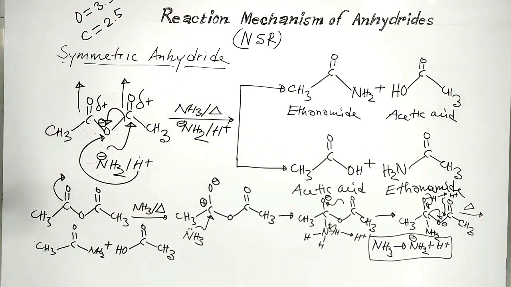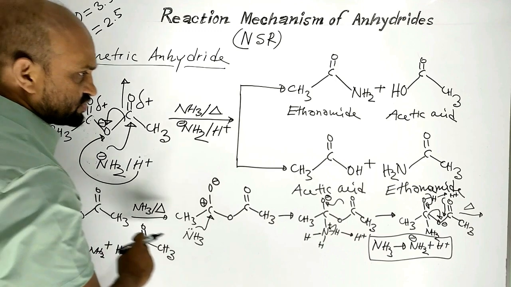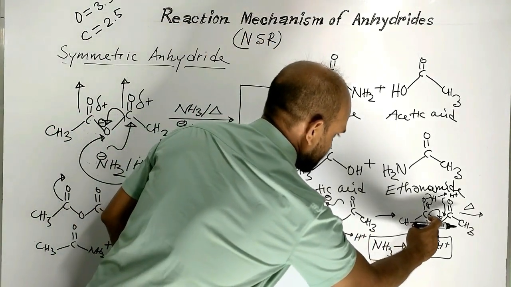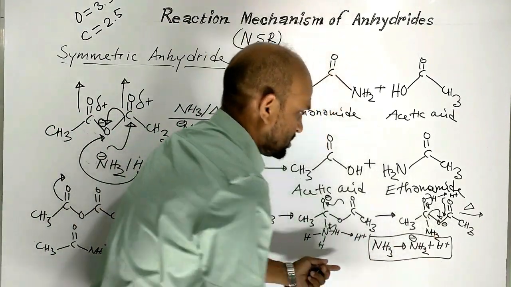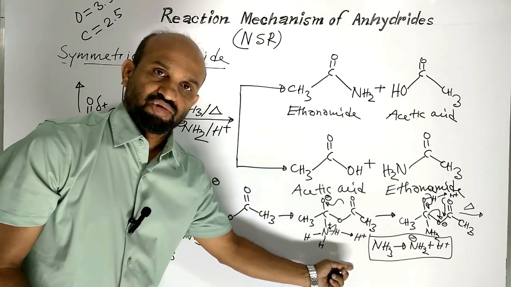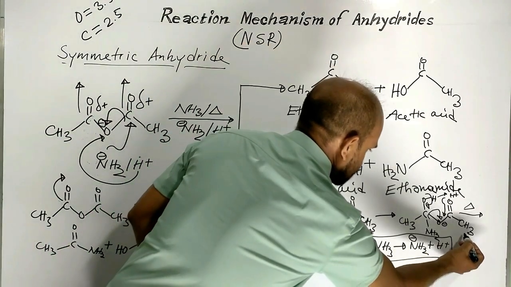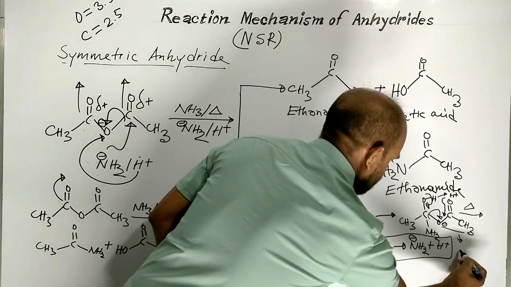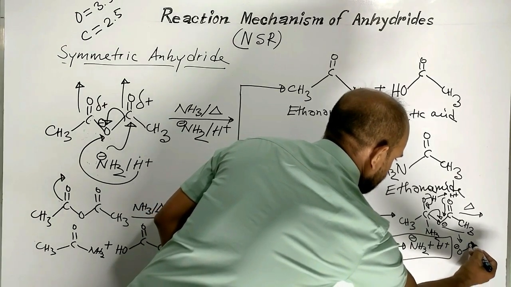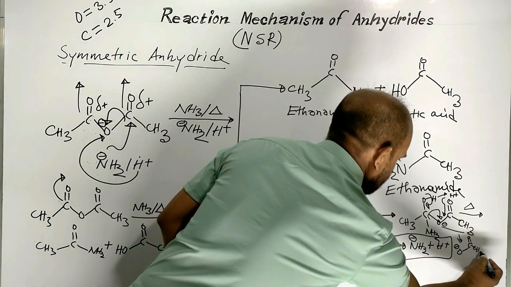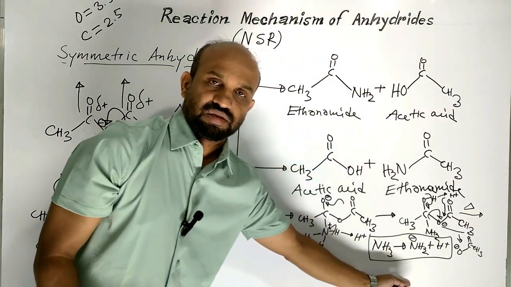So this is the mechanism in which anhydride undergo nucleophilic substitution reaction. Here ammonia is entered as the nucleophile and acetate ion goes out as nucleophile.